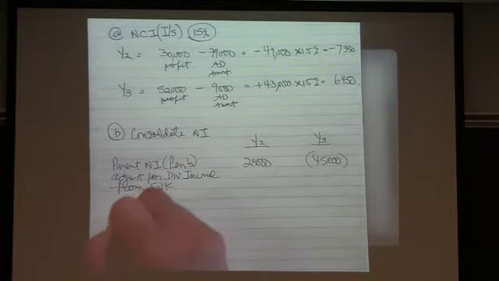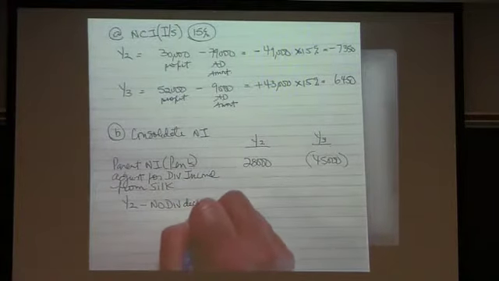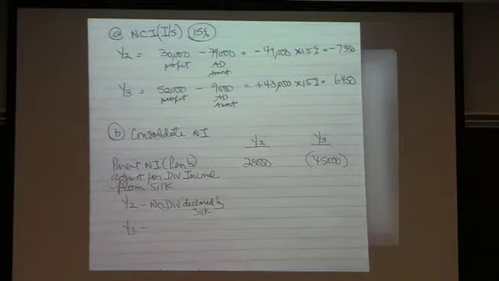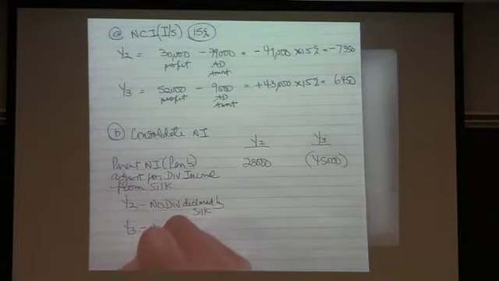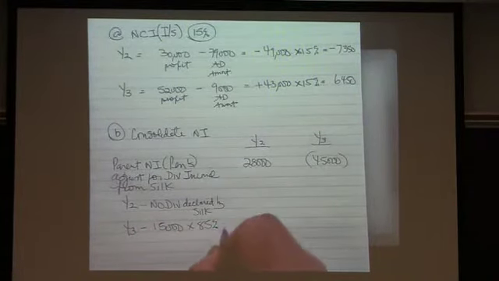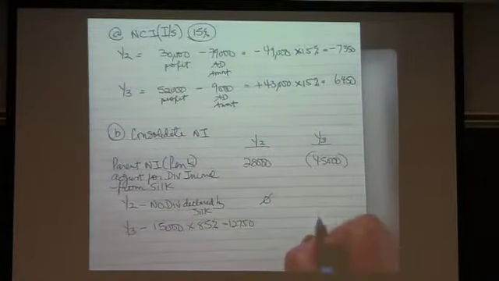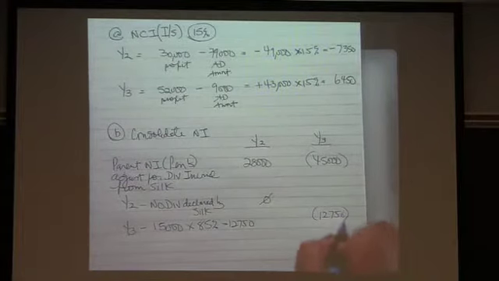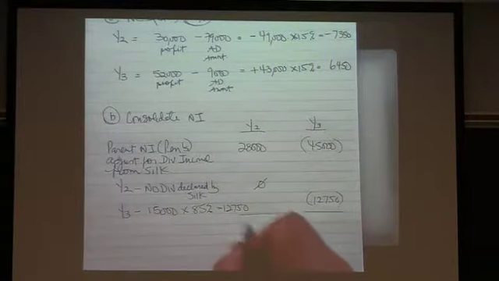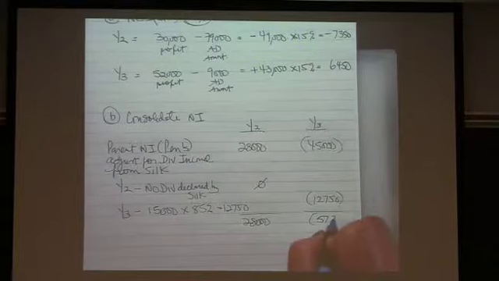So year 2, there were no dividends declared by Silk. But year 3 there was, right? There was 15,000, but they got 85%, which is 12,750. So this would be 0, and this we want to deduct 12,750. So the adjusted Penn's income is 28, and this is minus 57,750.